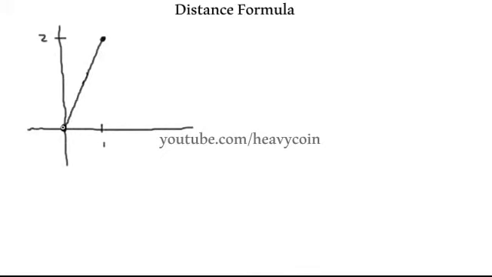Okay, so pause the video and try to find the distance between the origin and this point right here, which I guess I should say is this ordered pair. This is its address, 1, 2, and 0, 0. So there's your 2 points. You try to find the distance. Pause the video, come back, and I will work it out for you if you can't figure it out.